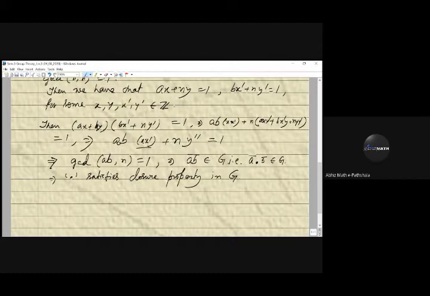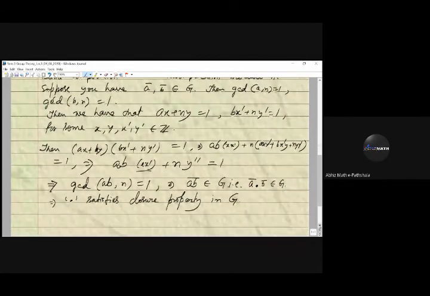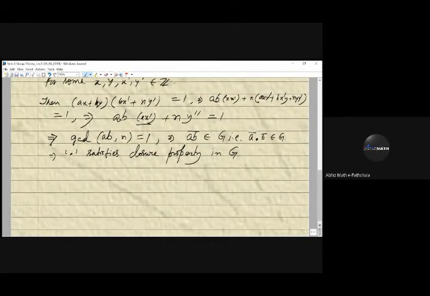Now, since we have seen that Zn dot is a monoid, right? So, being a subset, G will satisfy the associativity, and also since GCD of 1 comma n is 1, so 1 class being a member of G will satisfy the property of being an identity, right?